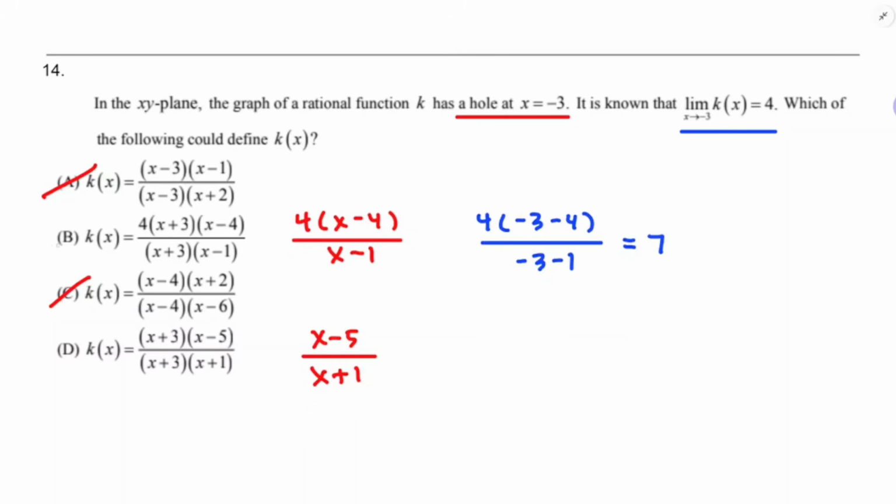That's not right, so it must be D. We'll know that's true for sure if we do negative 3 minus 5, which is negative 8, divided by negative 3 plus 1, which is negative 2. Negative 8 divided by negative 2 equals positive 4. I like that. That's going to be answer choice D.